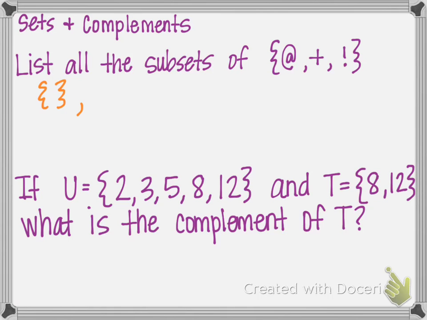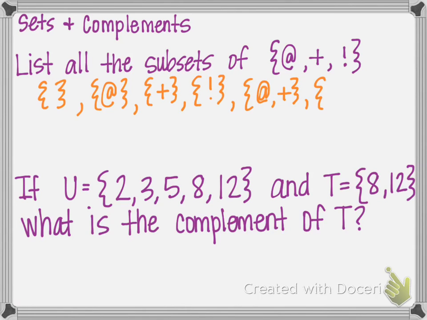Okay? I could choose one thing. I could either choose the @ symbol, or I could choose the plus sign, or I could choose the exclamation point. I could also say, you know what, I need two things. So I could choose the @ symbol and the plus sign.